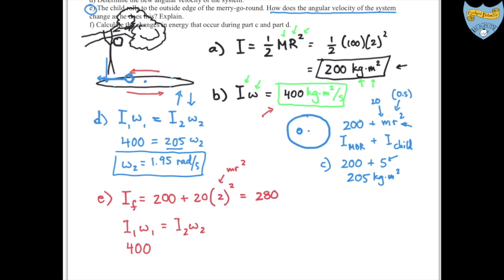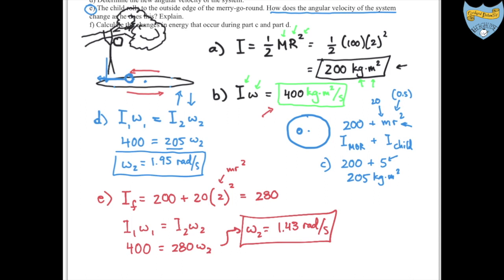The angular momentum didn't change. It was 400 before the kid landed on it. Now it's still 400 after he did land on it, and it's still going to be 400 ultimately when he rolls off of it. But of course the angular velocity is going to be much, much smaller now. The final angular velocity is roughly 1.43 radians per second.